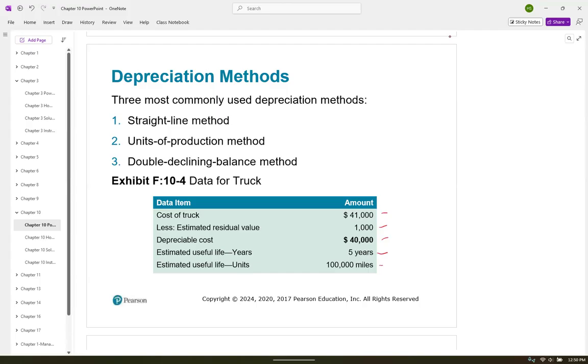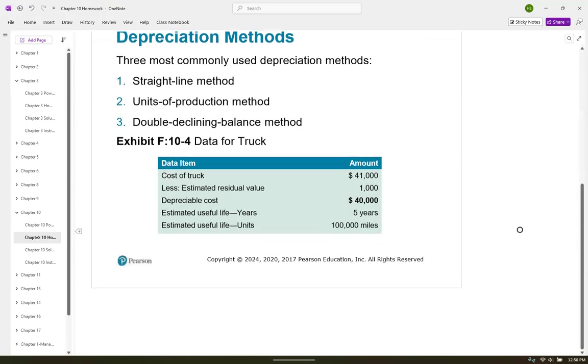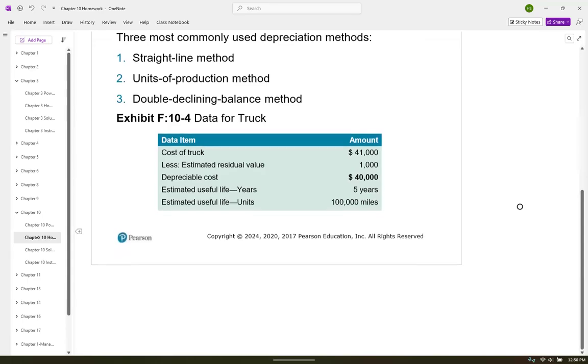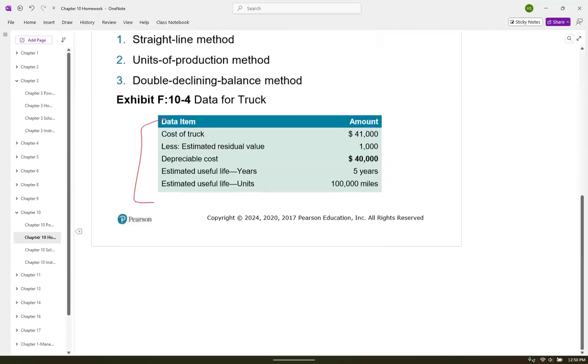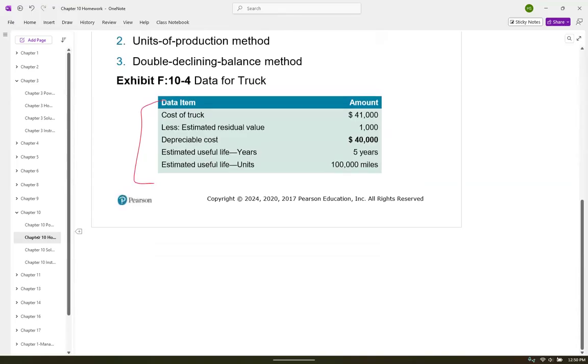I'm going to jump over here because I just copied that slide. Anytime you get a problem like this, I always write down a little blurb of information so I don't have to dig through a paragraph to find what I need to do the calculation.